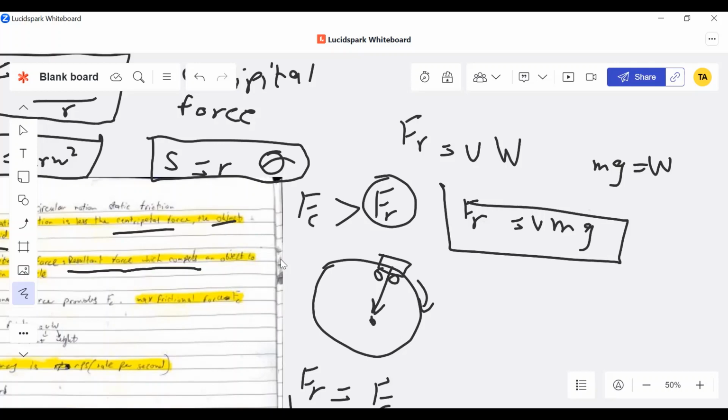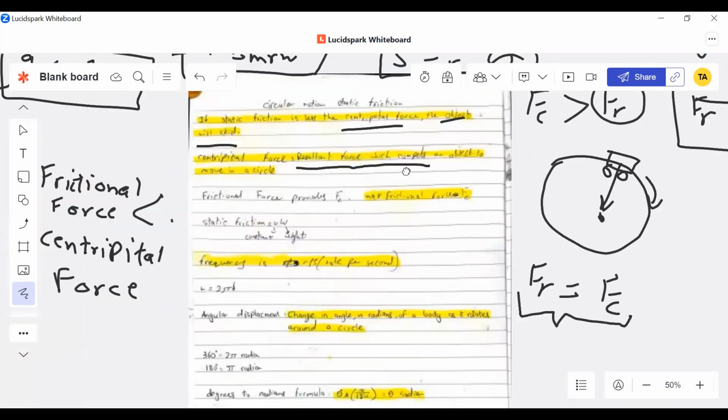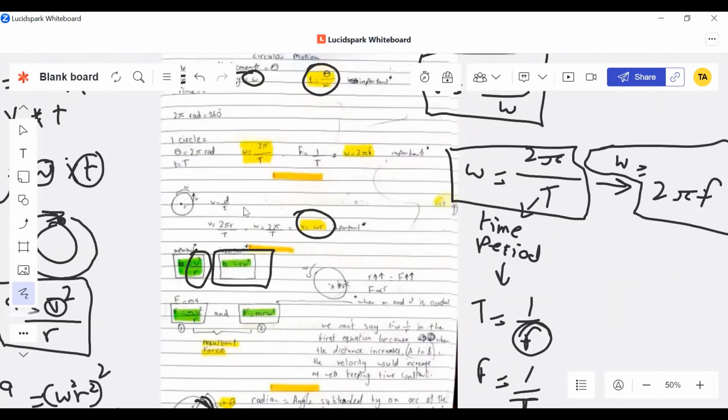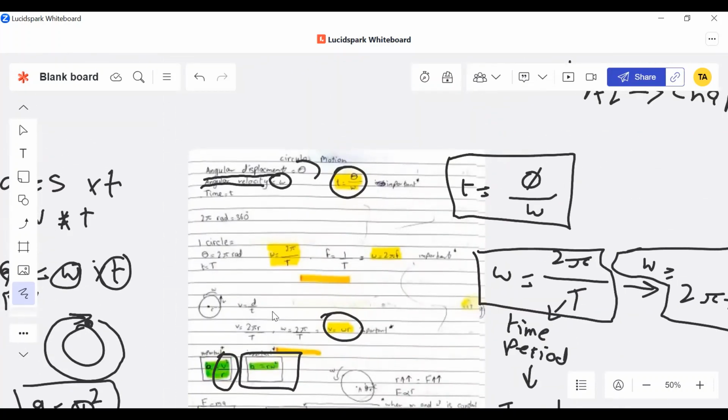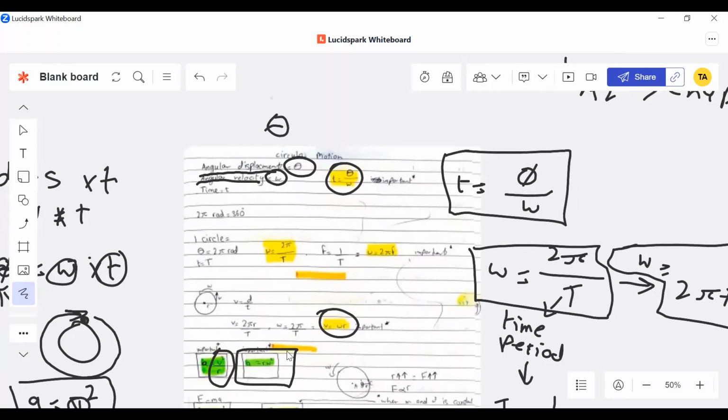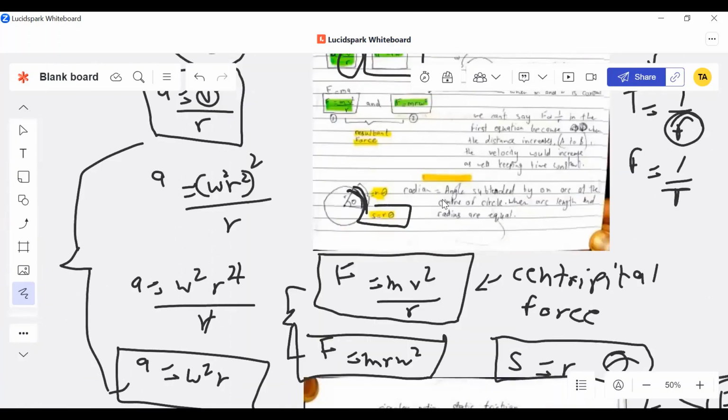Now, angular displacement, coming back to the topic, I know, is the change in angle in radian of a body as it rotates around a circle. So what is angular displacement? Angular displacement, I told you, has this symbol right here. I don't know what this symbol is called, but this is the symbol for angular displacement.